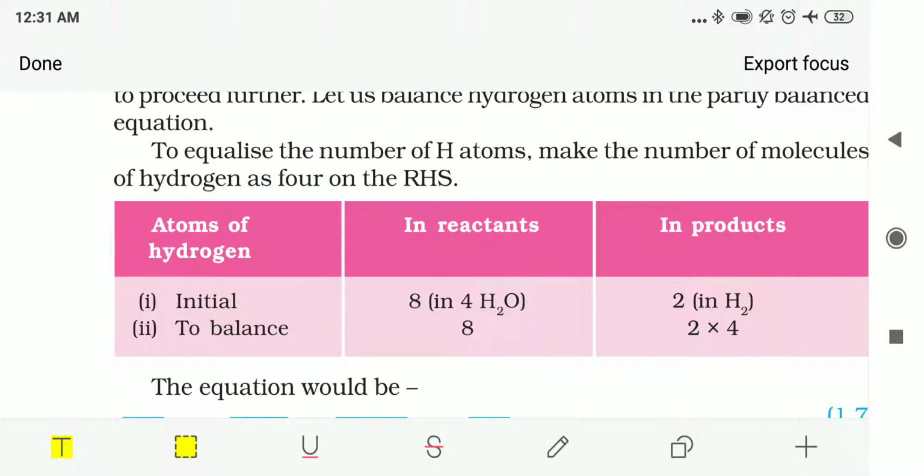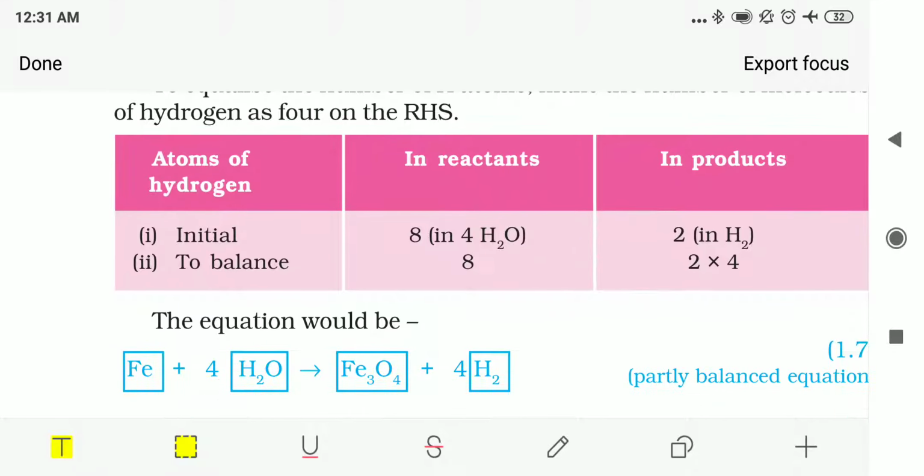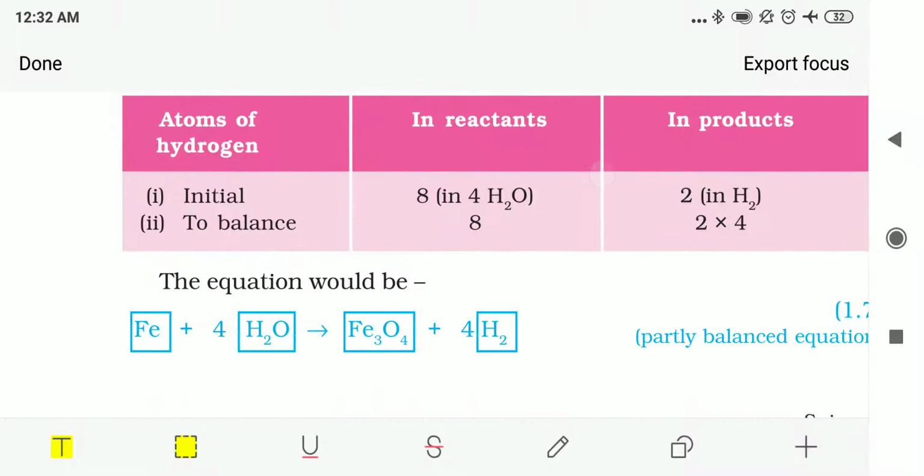As it is written here, initially 8 in 4H2O in the reactant, and in the product side we have 2 atoms of hydrogen, that is H2. So to make 8 atoms of hydrogen on the product side, we will multiply it with 4. We will write a 4.